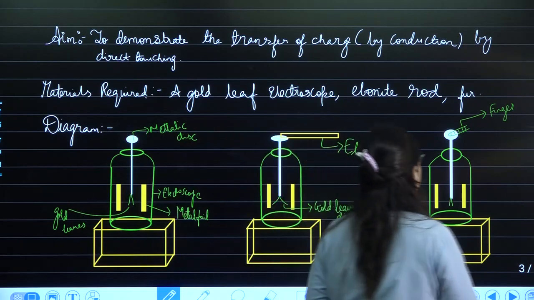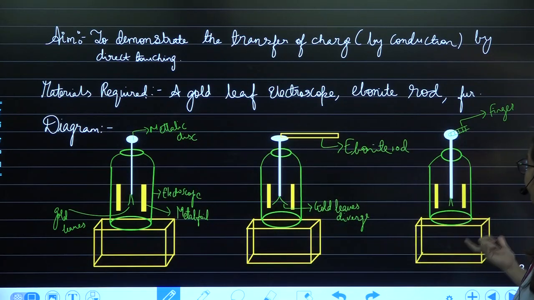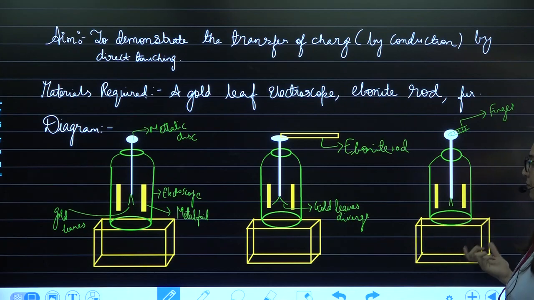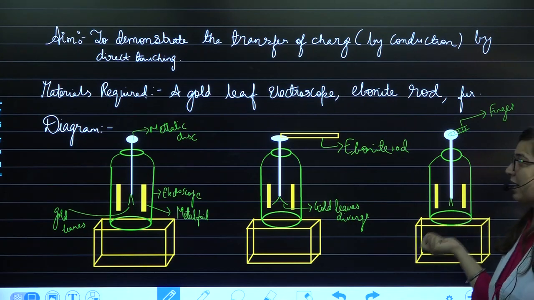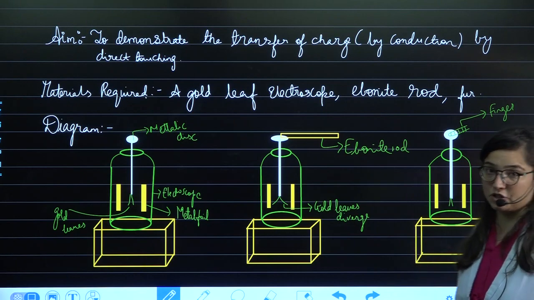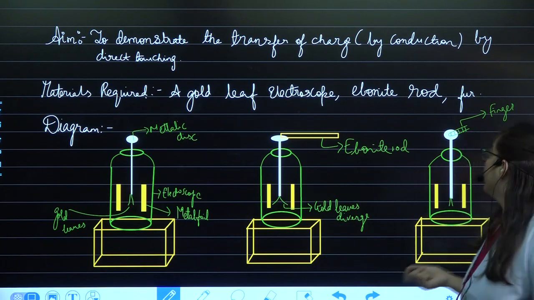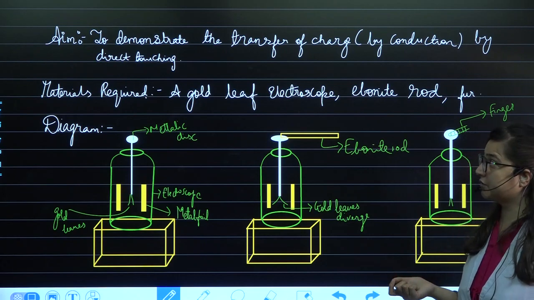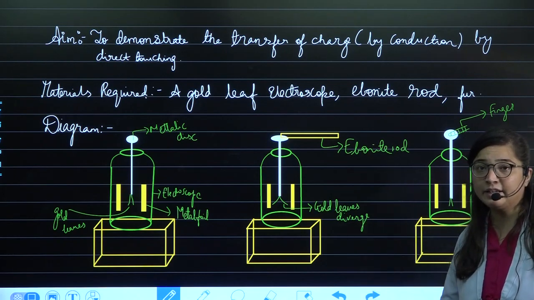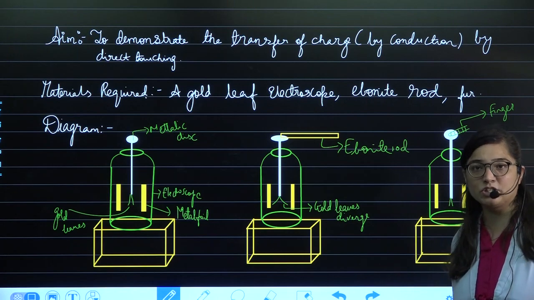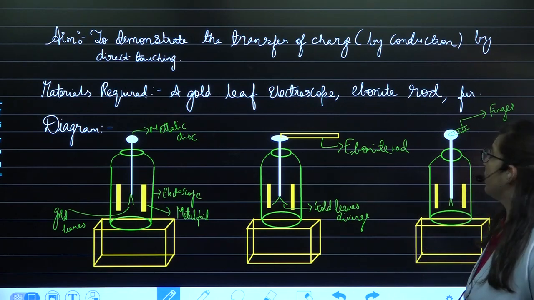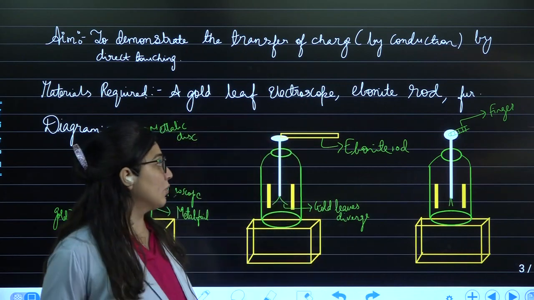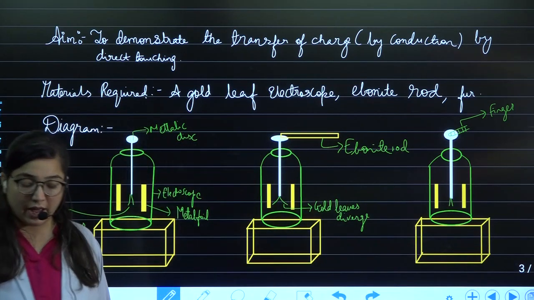Next, when you bring your finger near the metallic disc, you will observe that they return to their original position. They return because through the finger the charge gets transferred to the earth.